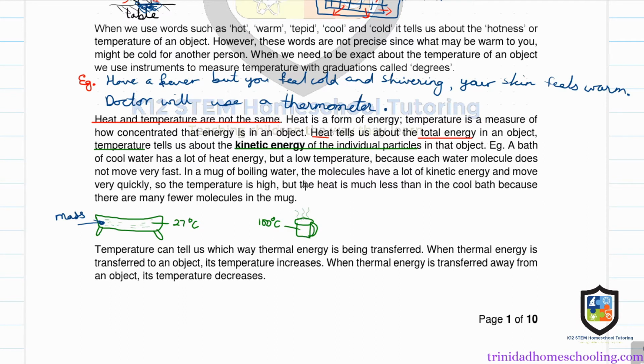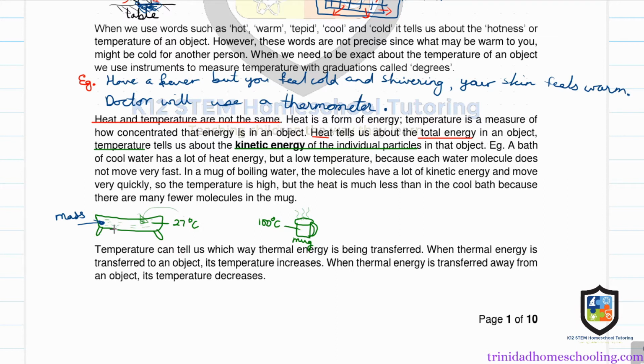Now what we are seeing is that the heat is much less in the mug than the cool bath. There are fewer molecules in the mug. If I were to take this small mug of boiling water and throw it into this bathtub here, the water temperature would not change very much. Right?